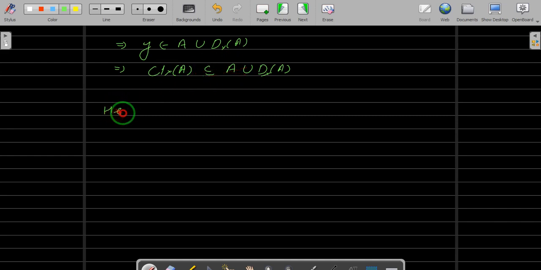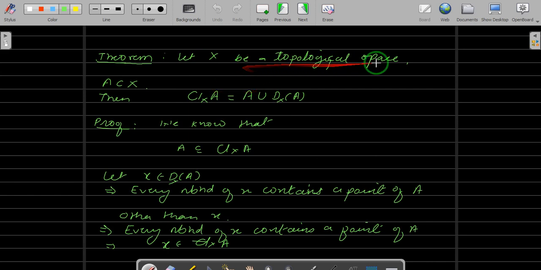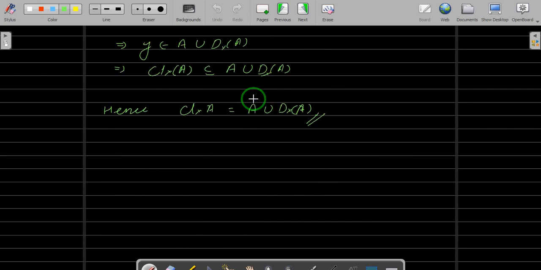So hence closure of A is equal to A union derived set of A, and this is what we wanted to prove. Let X be a topological space, A a subset of X, then closure of A is equal to A union derived set of A, and this is what we have proved. With this, we have completed this theorem as well.